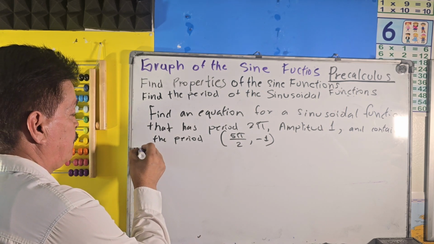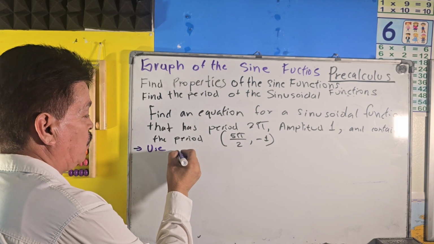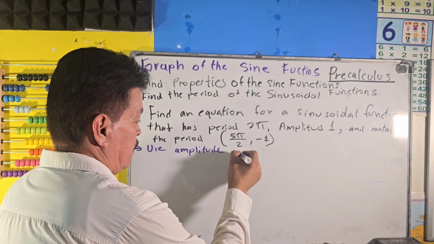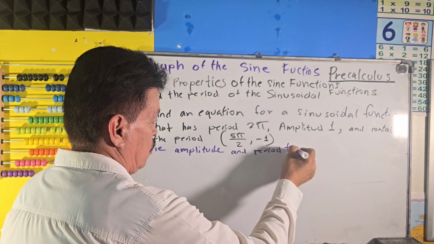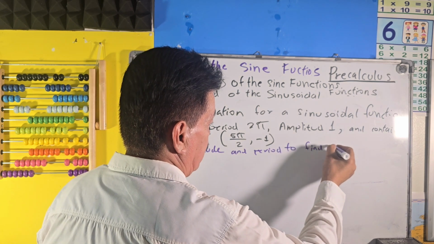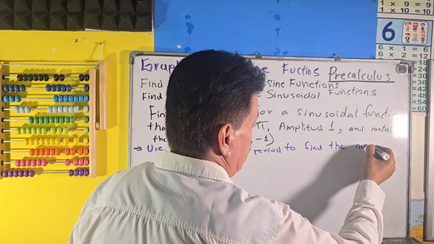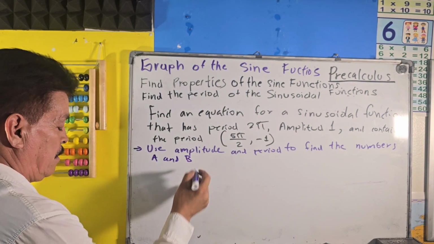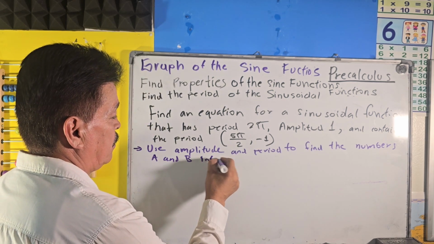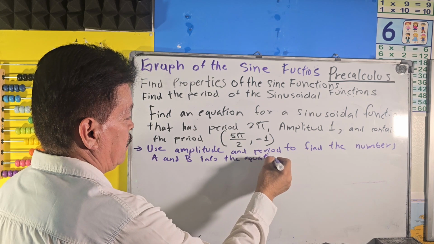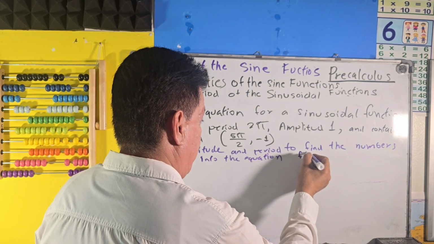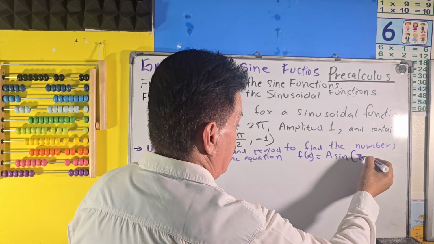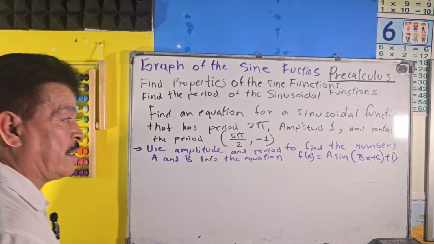Use amplitude to find the numbers a and b into the equation f of x equals a sine bx plus c plus d. All right, that is the question.